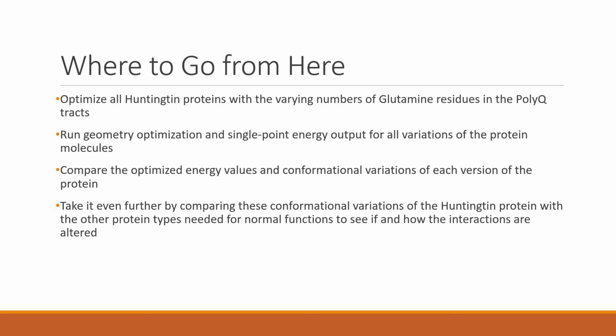So there's bound to be conformational changes within that range, and to see how these interact with the associated proteins, and then to move on to see how the mutated Huntingtin protein conformations interact with these proteins, leading to Huntington's disease. So I think there's a lot of interesting places that this project could have gone, and maybe one day will go.